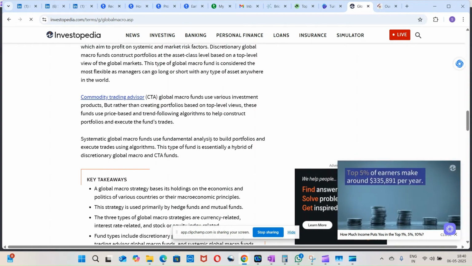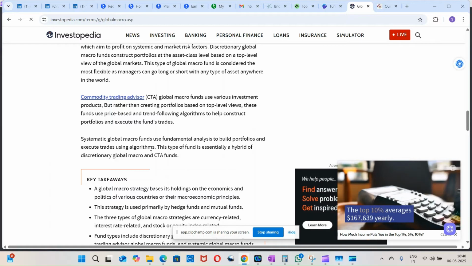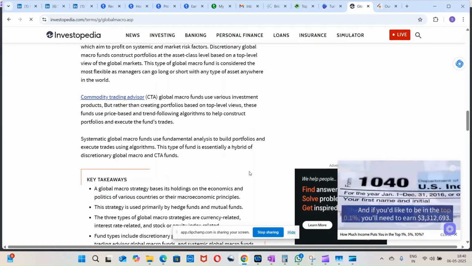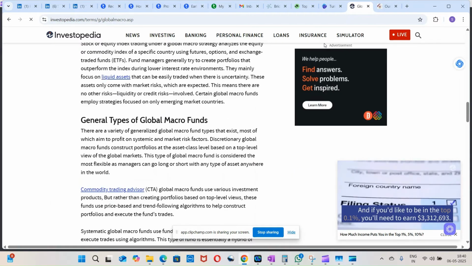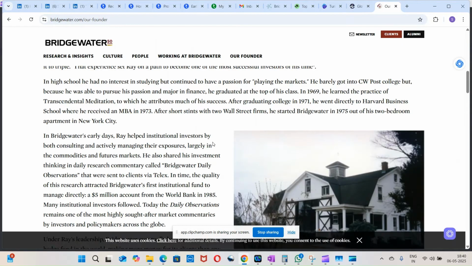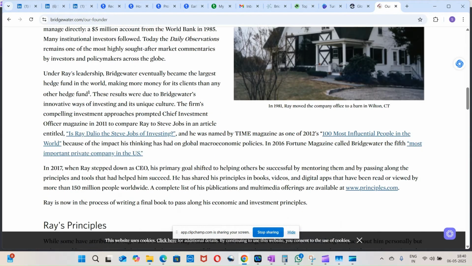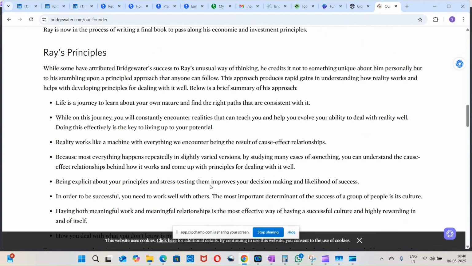They use fundamental analysis to build portfolios and execute trades using algorithms. So this is what a global macro fund is, and one famous hedge fund is Bridgewater Associates. Ray Dalio is the person who formed it, and he has been able to provide very good results and growth to the company.